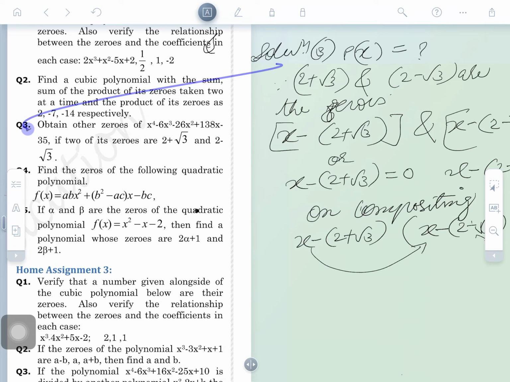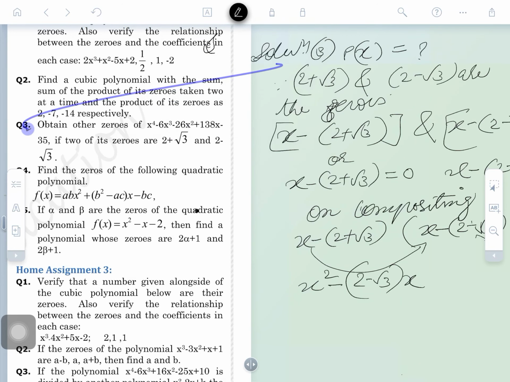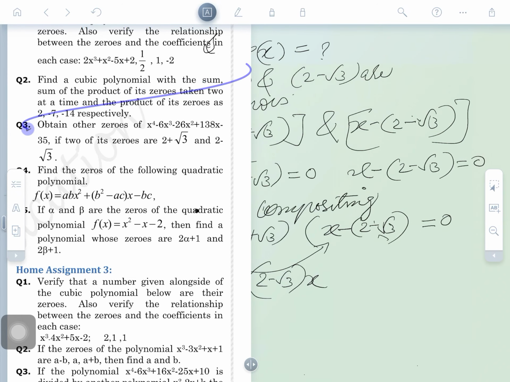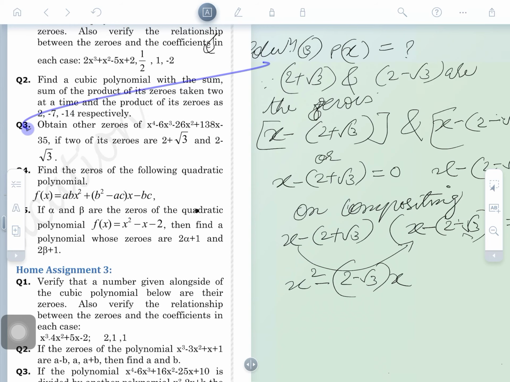So now distribute it. x goes with x to give x square, and x goes with 2 minus root 3, into x is also there, clear. And further, the first term is to be distributed here, the second term is to be distributed here.